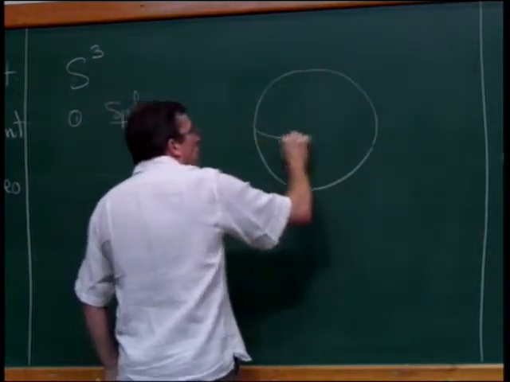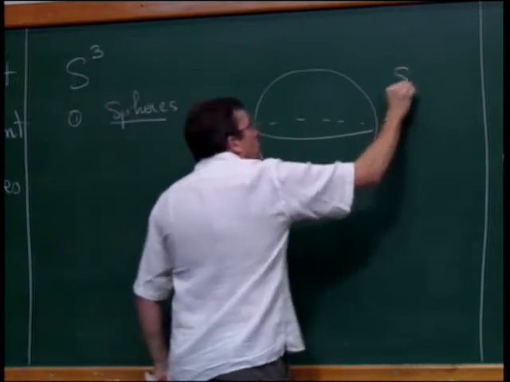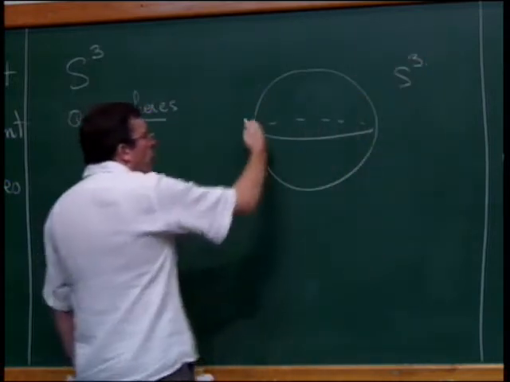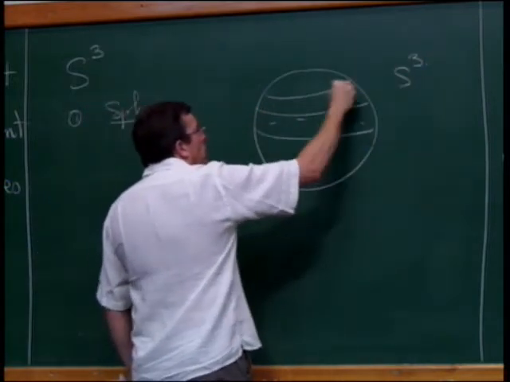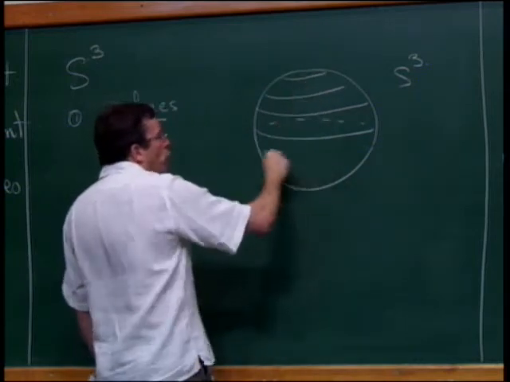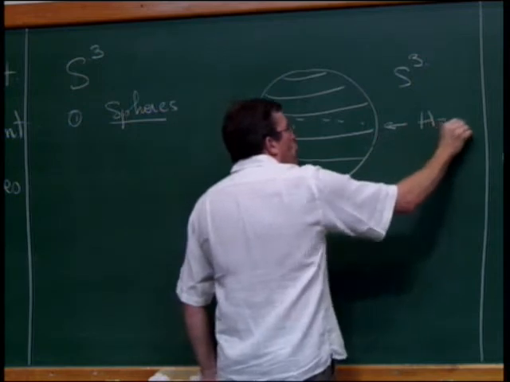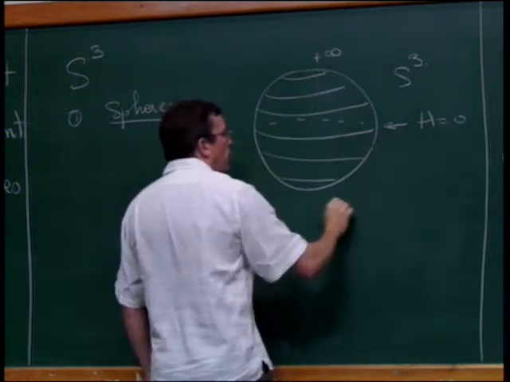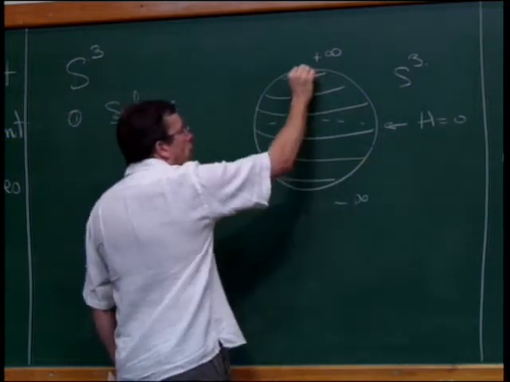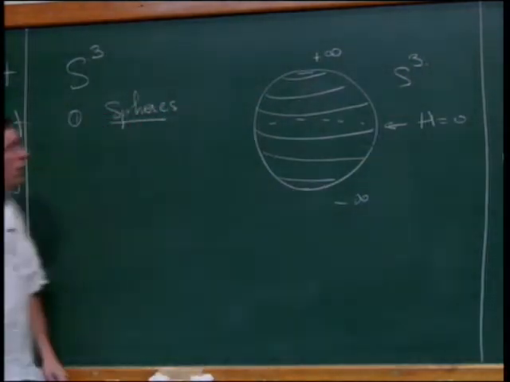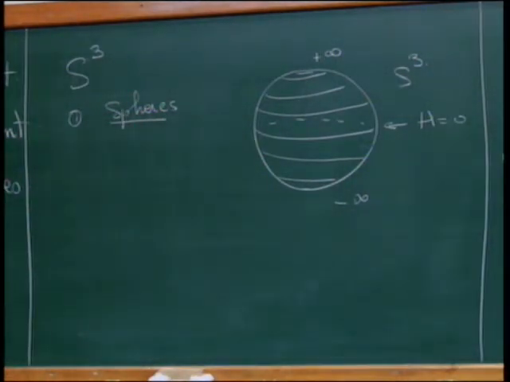Here is a picture of S3, and you can foliate S3 by parallel S2s. The equator has mean curvature 0, and the mean curvature goes from plus infinity to minus infinity if you take a very small sphere on one side or a very small sphere on the other. So in this case you have a complete foliation of S3 by concentric spheres.